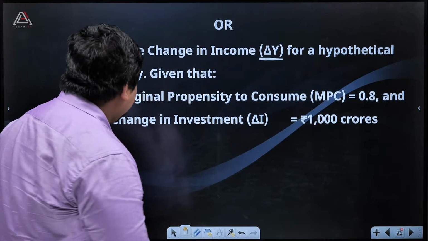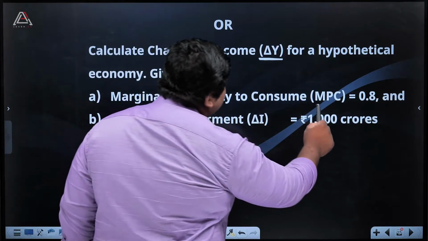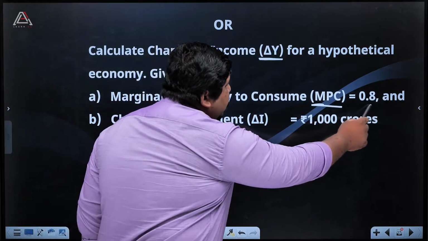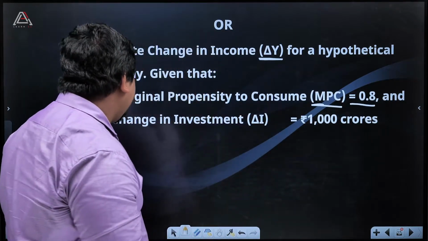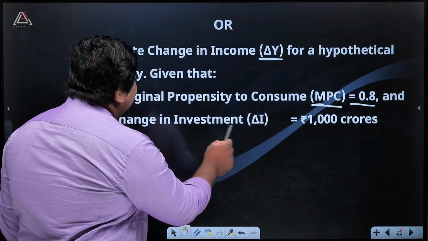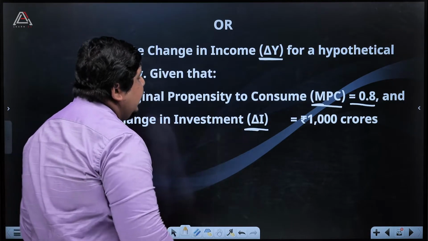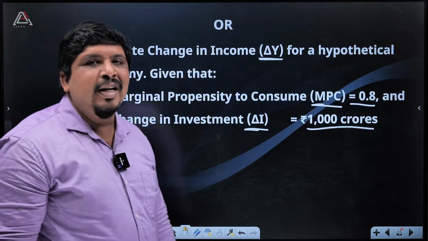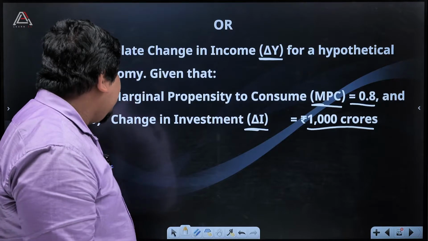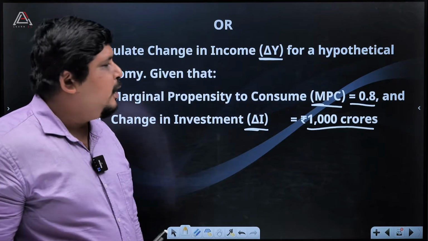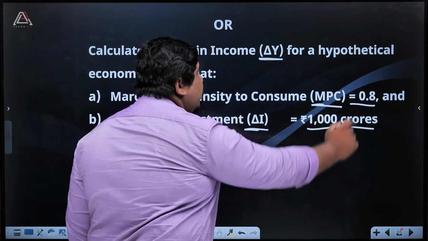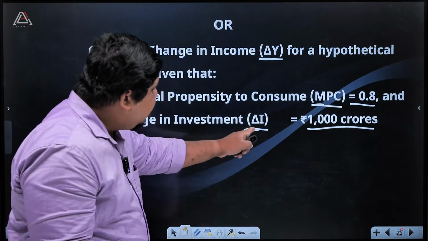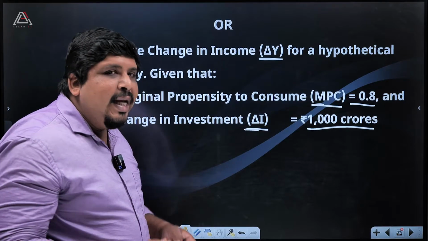Marginal propensity to consume, short form MPC, is given there, that is 0.8. Change in investment, that is delta I, is given as 100 crores. So what are the things given there? MPC, marginal propensity to consume, 0.8, then change in investment, delta I.